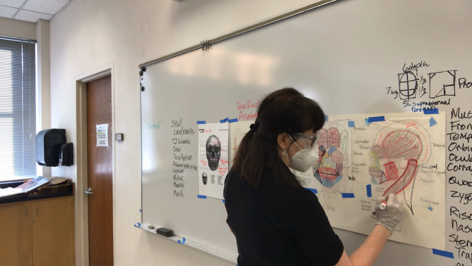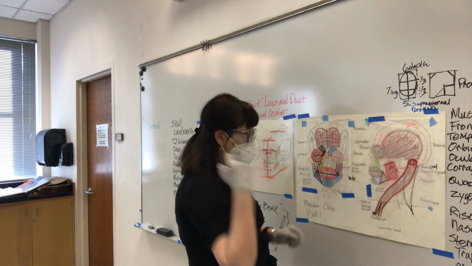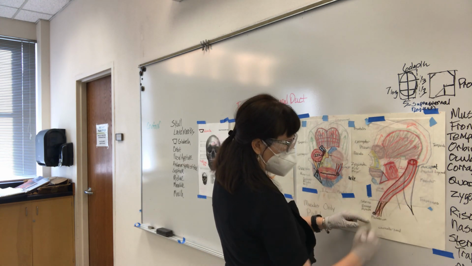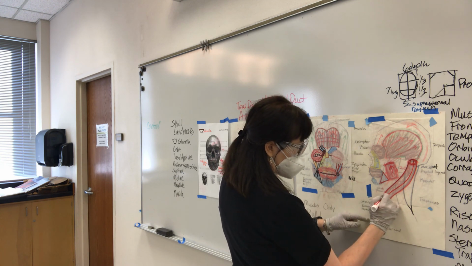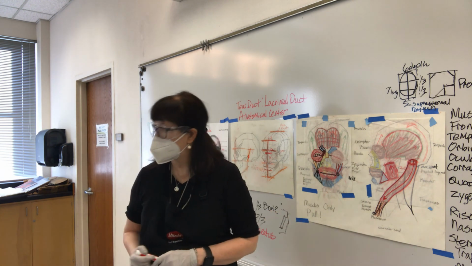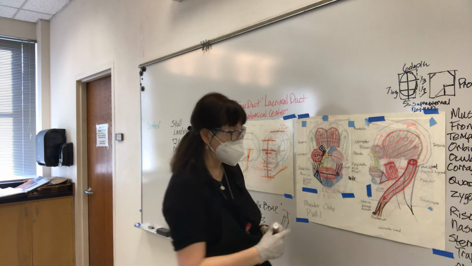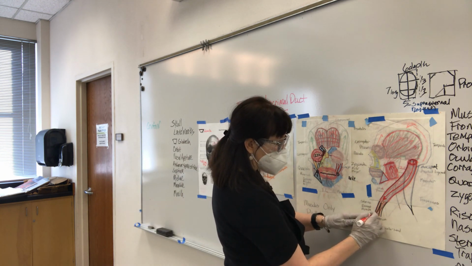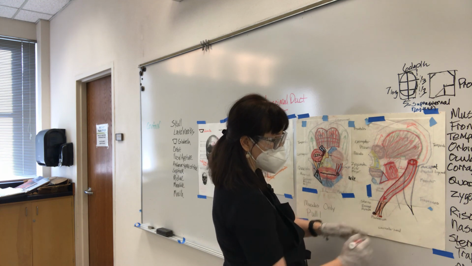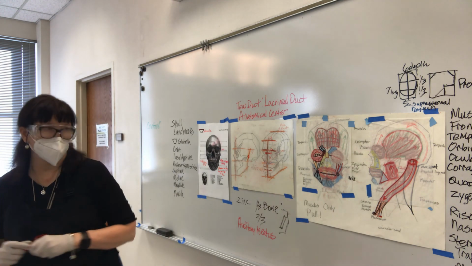This muscle originates here on the mastoid process behind the ear, and it does an S-curve around that form to here, and it attaches right here, and it has 2 points of attachment. So it has tendons that come off of that, and one of the tendons attaches on the manubrium and one on the clavicle.